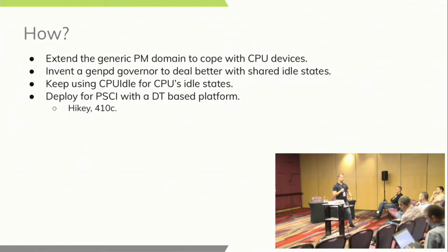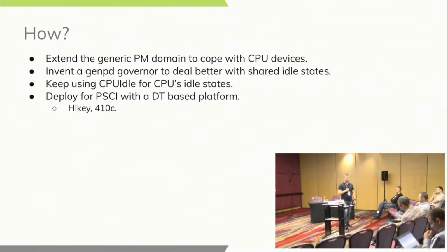We're, for example, running this idle path in atomic context, and all that kind of stuff that comes with it. We've been extending the GenPD infrastructure code to cope with these special scenarios. So there are still a couple of things that are not upstream yet, but a lot of things have gone into it already.